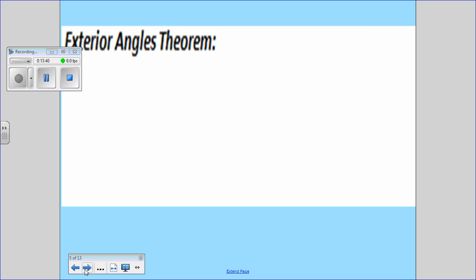We also have an exterior angles theorem. The exterior angles theorem is a bit lengthier, so make your words maybe a little bit smaller.